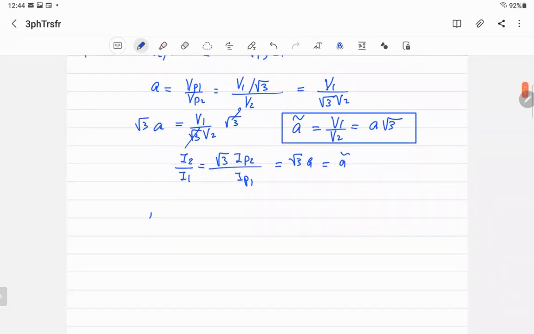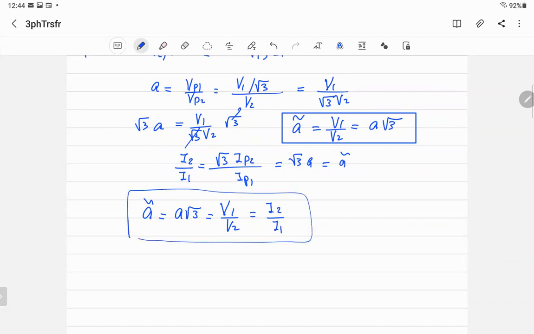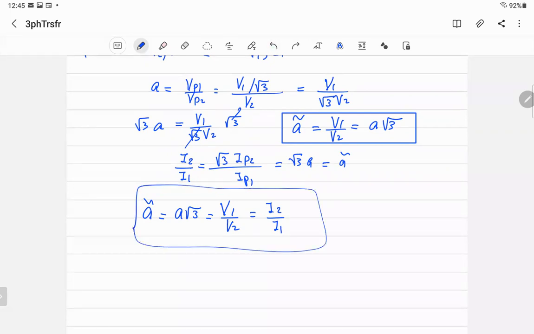So I can write now A, line to line, is equal to A root 3, is equal to V1 over V2, is equal to I2 over I1. So we know the relationship between phase and line currents.